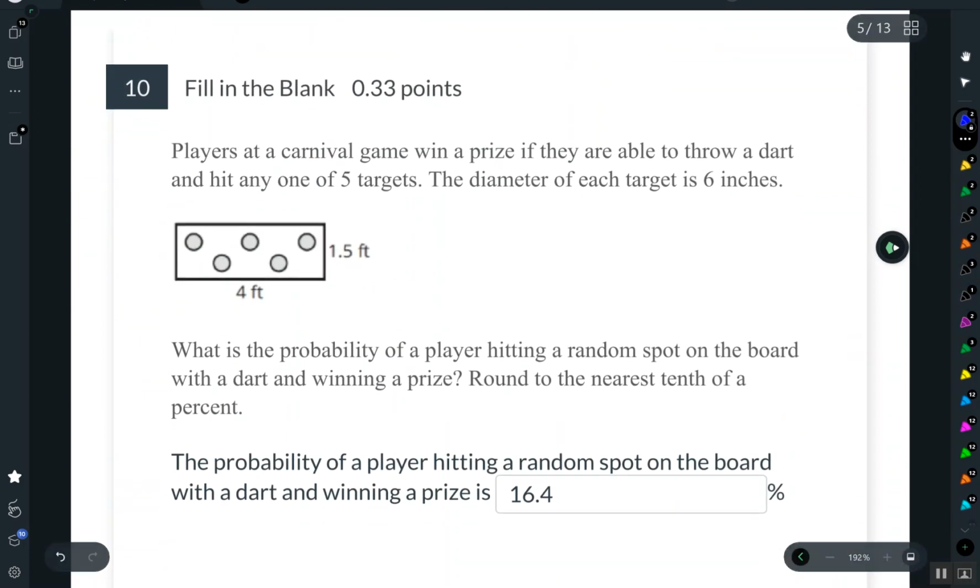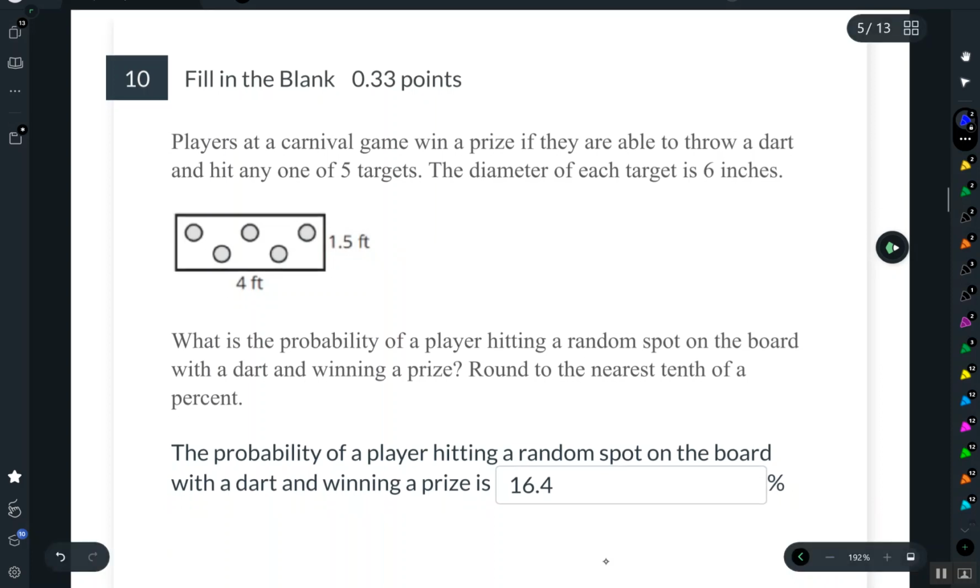Okay, number 10. Players at a carnival game win a prize if they are able to throw a dart and hit any one of 5 targets. The diameter of each target is 6 inches. This one can be a little tricky because they're giving us different units. We've got feet here and inches here. You need to be in the same units the entire time.